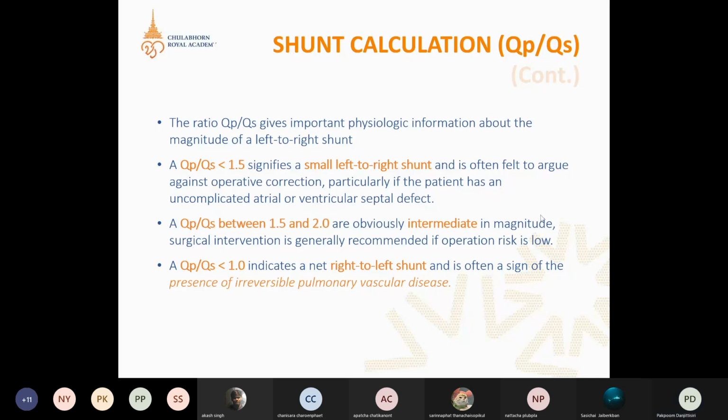That means the volume from the right side of the heart going to the lung is lesser than the blood from the left ventricle going to the systemic circulation, because there is an amount of blood from the right side of the heart going to the left side of the heart.